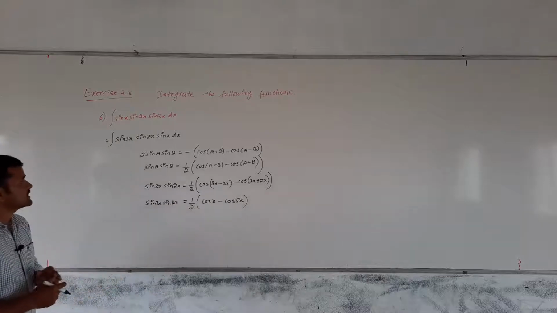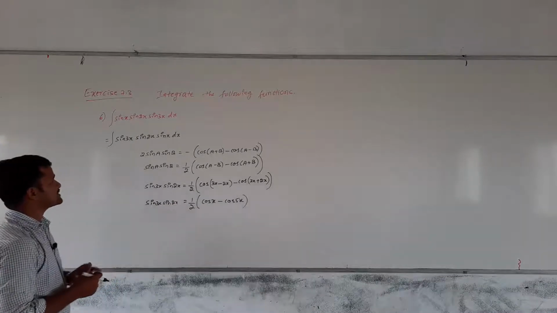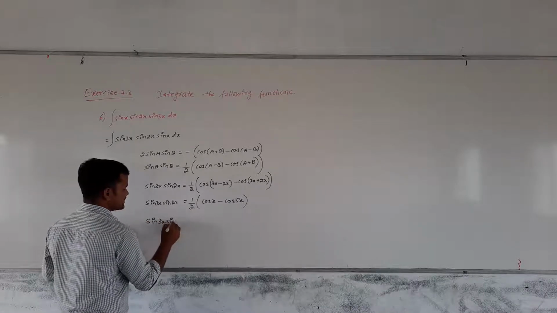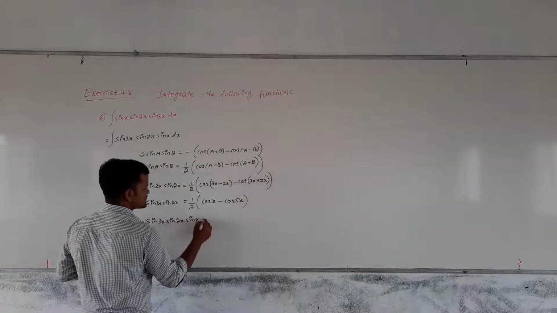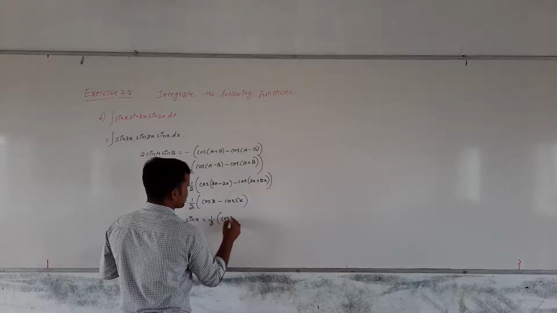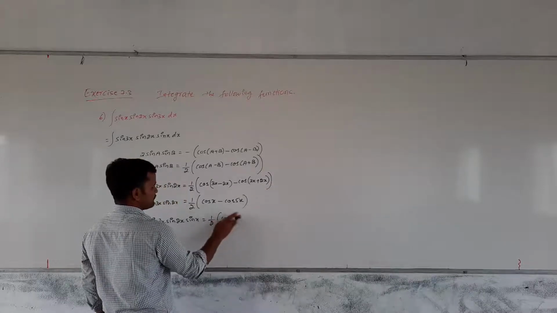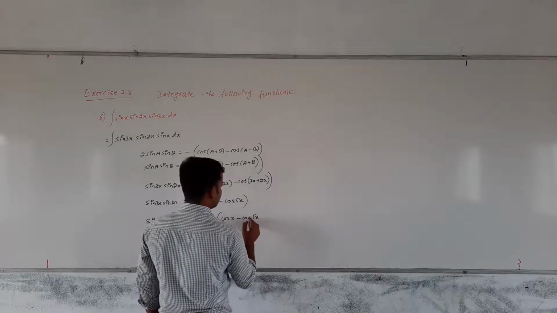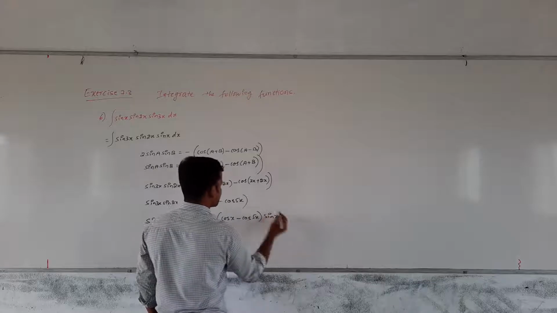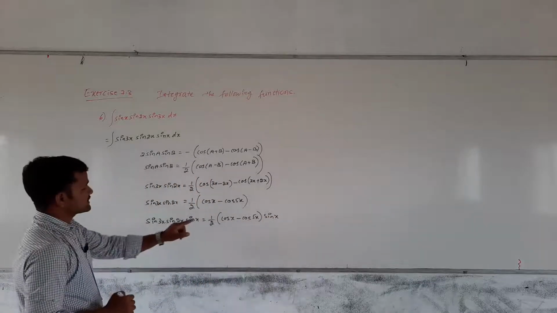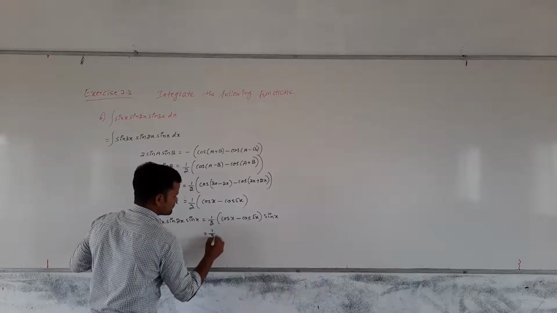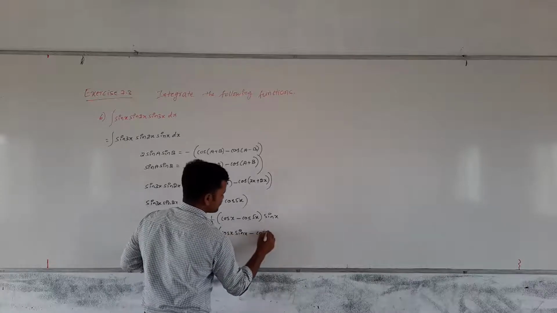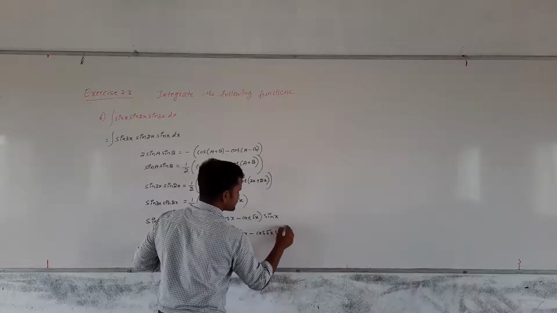We have sin 3x into sin 2x into sin x, so both sides you multiply with sin x. This becomes sin 3x into sin 2x into sin x is equal to 1 by 2 times cos x minus cos 5x, into sin x. Okay, sin x you multiply with these two. This becomes 1 by 2 times cos x into sin x minus cos 5x into sin x.